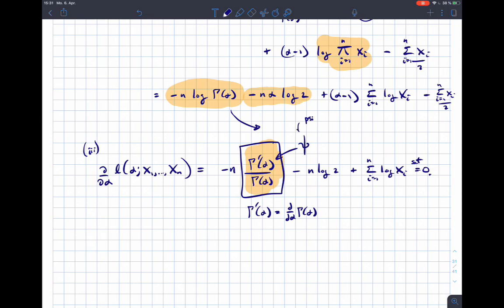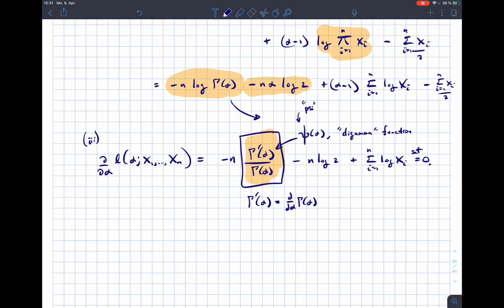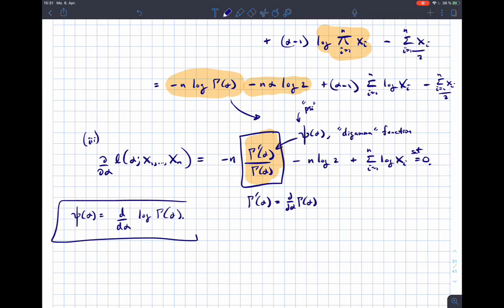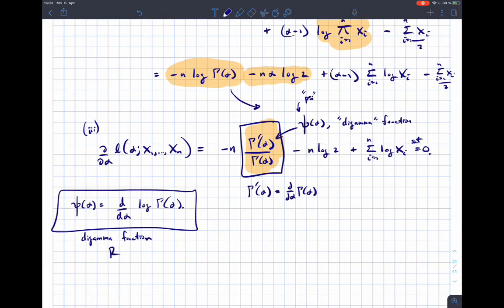This is the Greek letter psi of alpha. This is called the digamma function. It's defined as d by d alpha of log gamma function of alpha. That's the digamma function. The software R has a function called digamma, so we don't have to worry about computing this thing. We're eventually going to go to R.